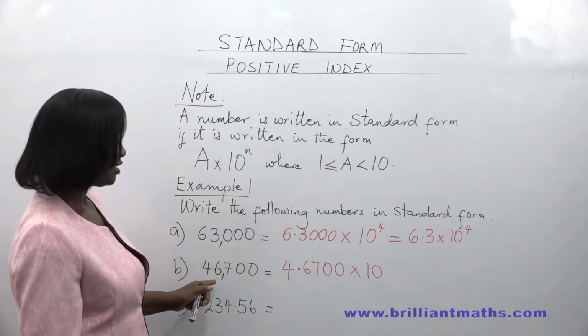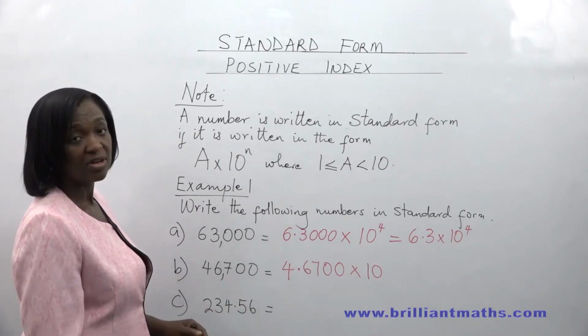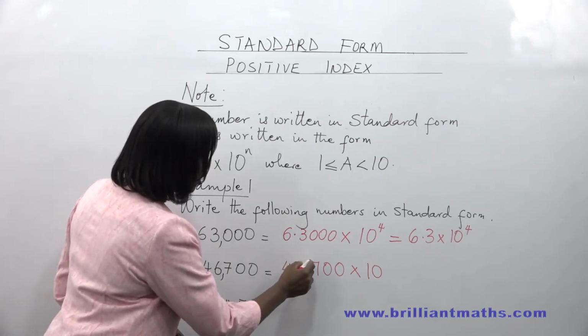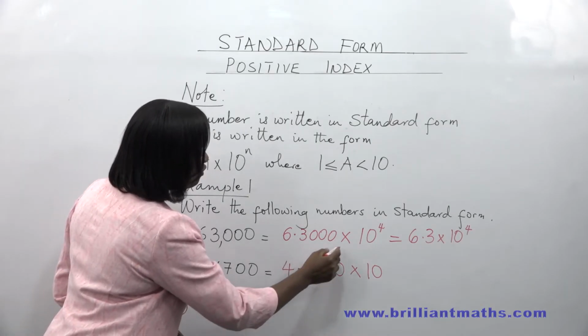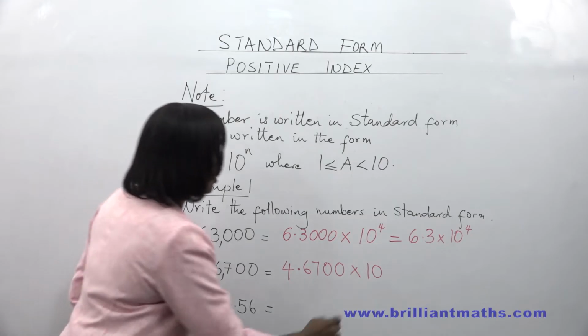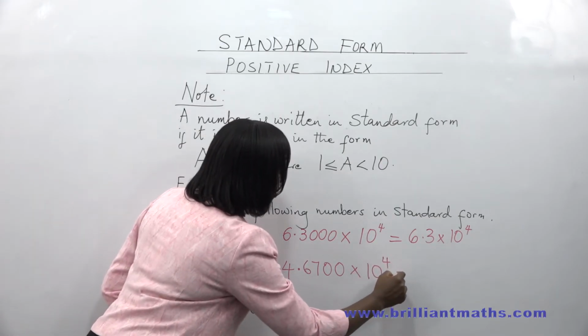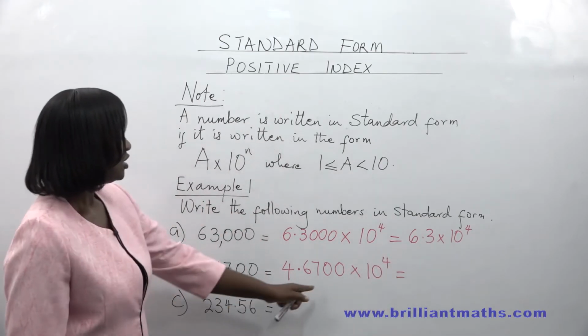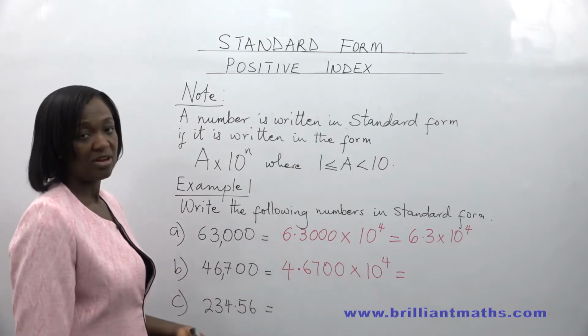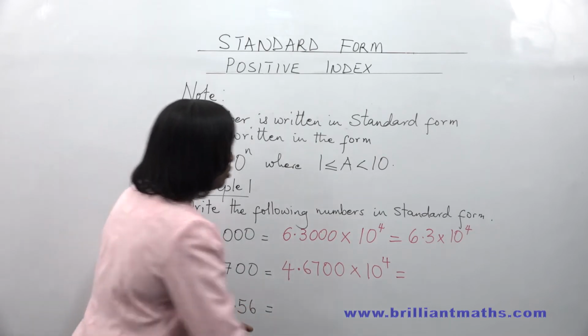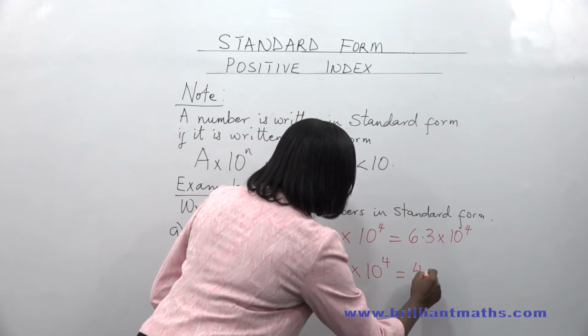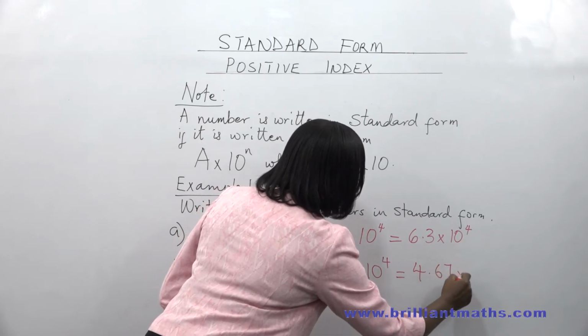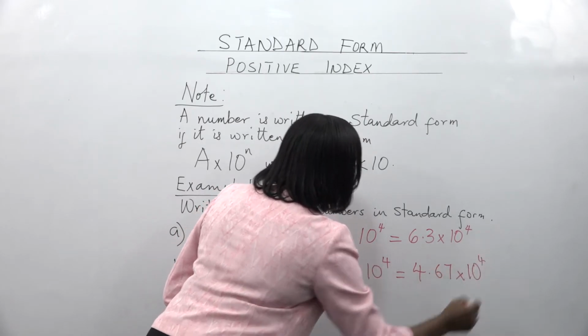Remember, we need to get 46,700. So we go 1, 2, 3, 4 again, times 10 to the power 4. The two zeros at the end are not significant, so we can write it as 4.67 times 10 to the power 4.